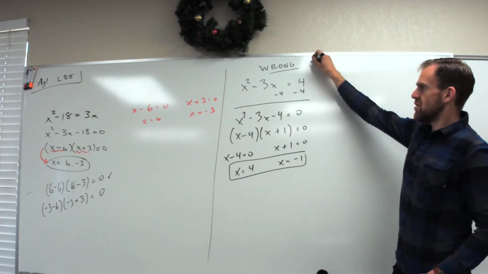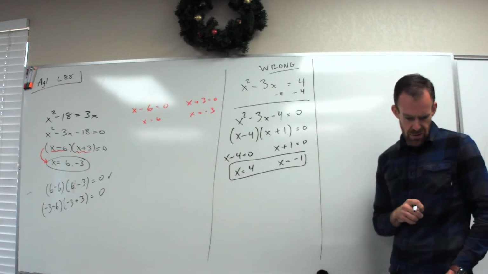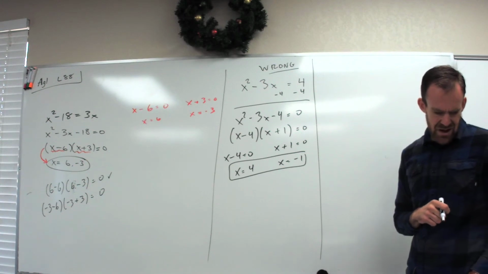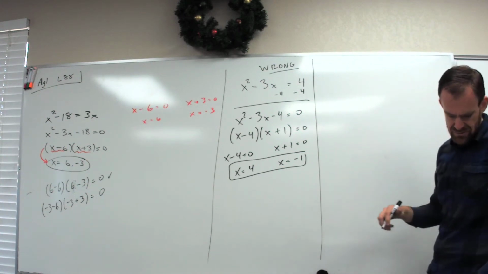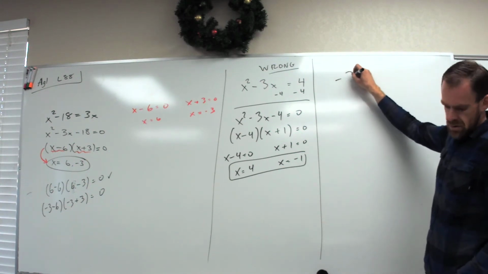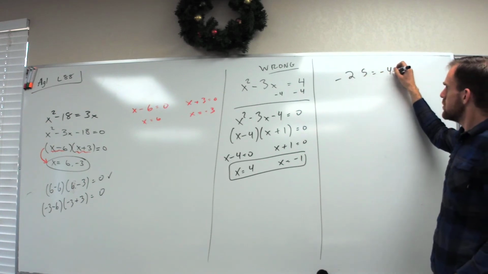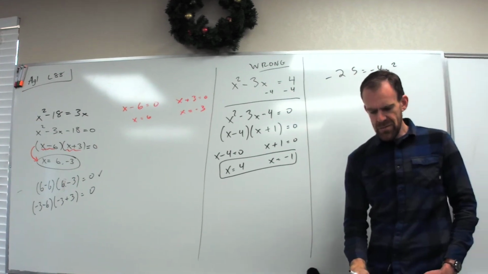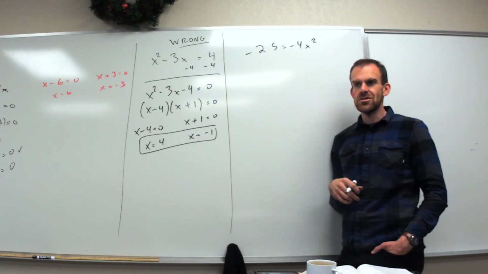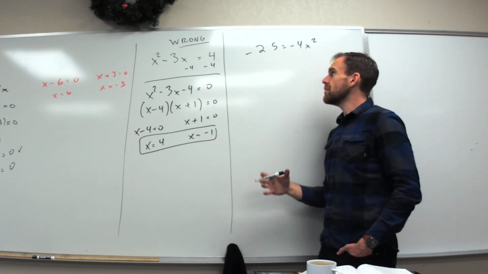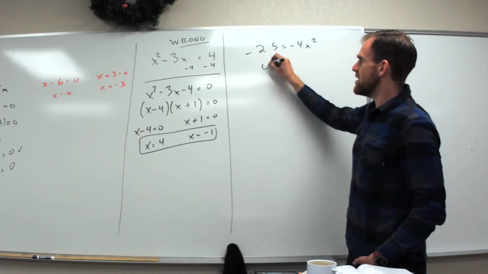Okay, let's try another one. So it must always be equal to 0. This is example 2. Okay, first step, everybody, set it equal to 0. So I'm going to add 25 to both sides.